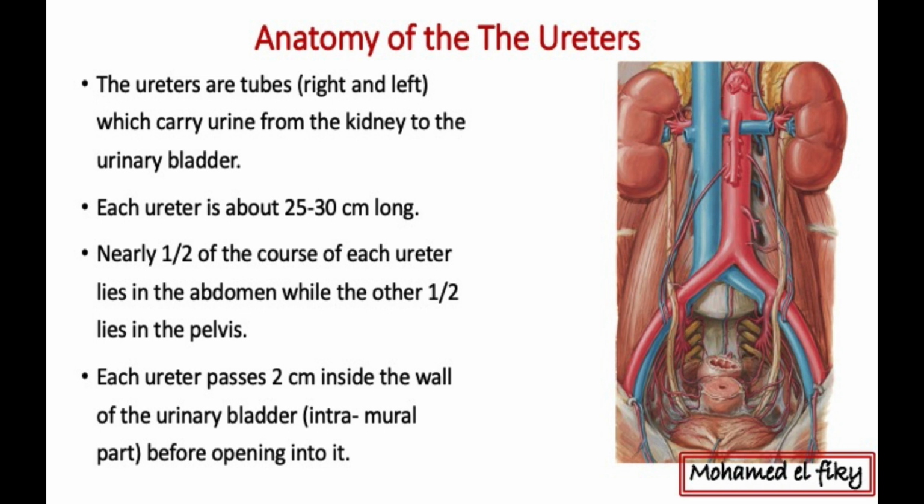Each ureter is about 25 to 30 centimeters. Nearly half of its course is in the abdomen and half in the pelvis. But inside the wall of the bladder, about 2 centimeters, is called the intramural or interstitial part.